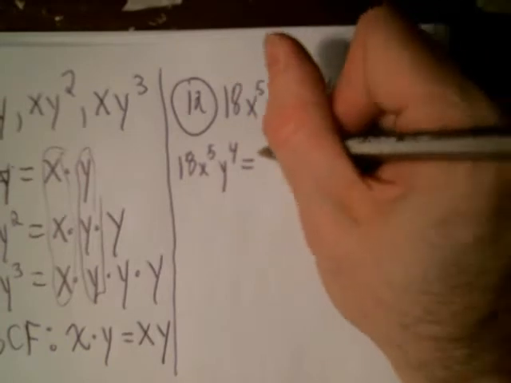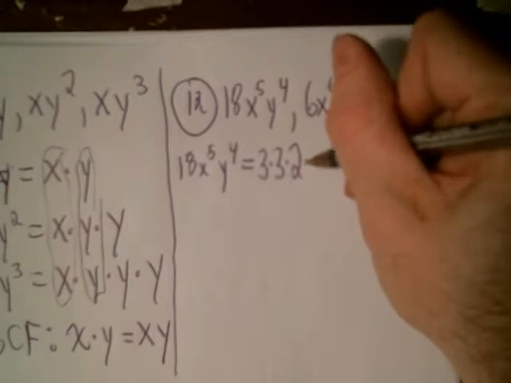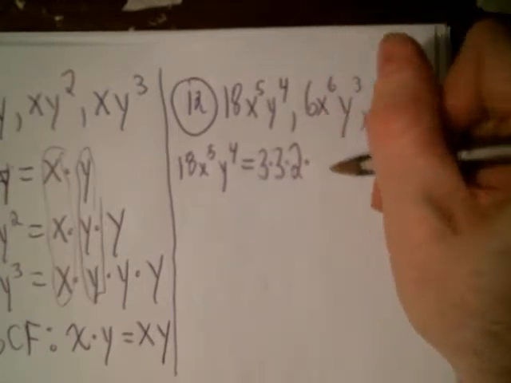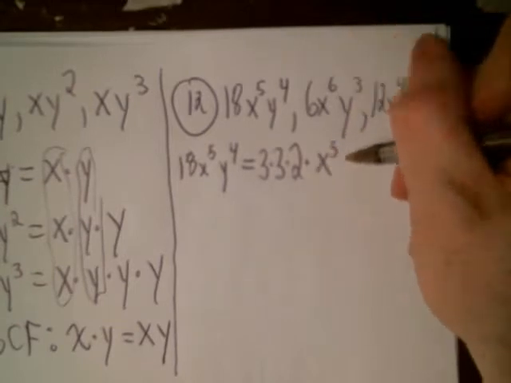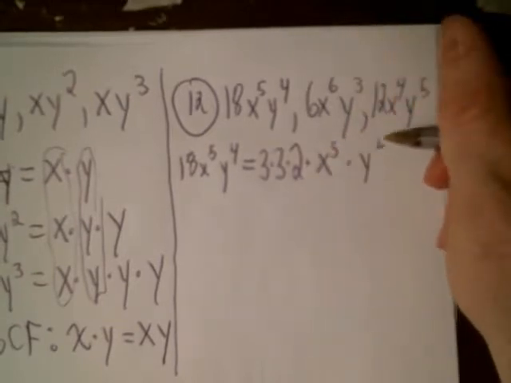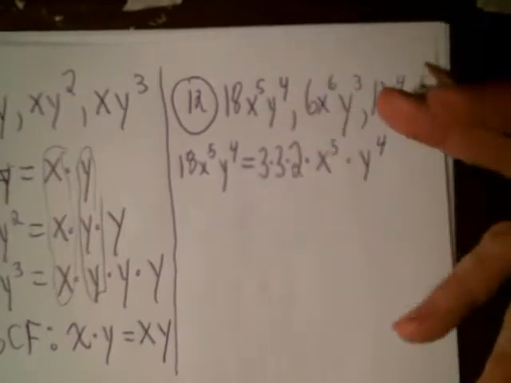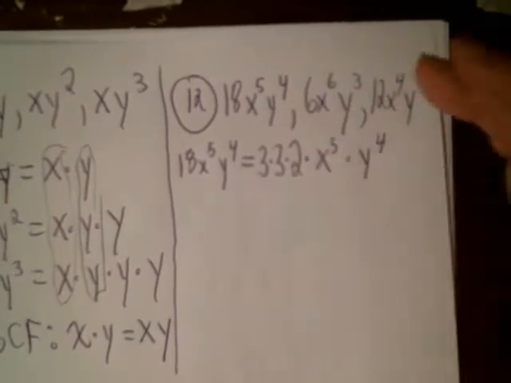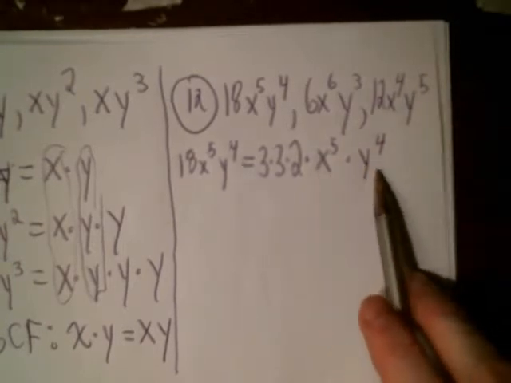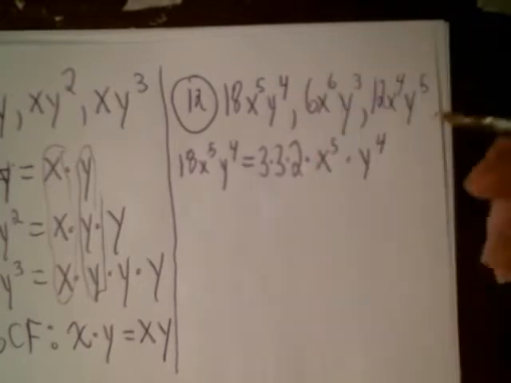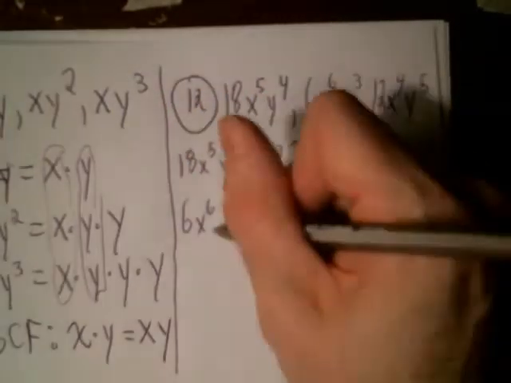Okay, 18, as said before, is 3 times 3 times 2. And then we have 5 x's. Instead of writing it out, that seems like a bit silly, right? So let's just write x to the 5th and then times y to the 4th. Sometimes if you show every small detail, it gets kind of confusing. So let's just keep it x to the 5th. And we know there's 5 x's here, and then there's 4 x's here. So then we have 6x to the 6th times y cubed.